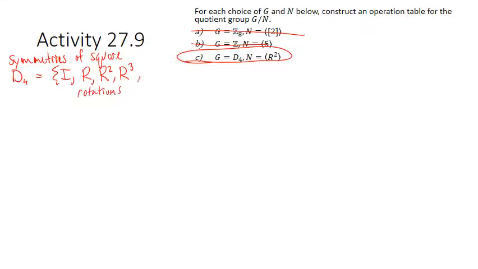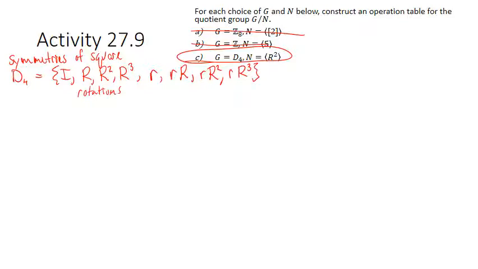And then for the reflections, there's little r, and then you can write the little r on either side of the big R's and get all of the group elements. But I think for the purposes of this activity, I want to write the little r on the left, like this. So little r squared, and then little r cubed. And like I said, if you wrote big R squared, little r, or big R cubed, little r, that would still be all of the elements of this group.